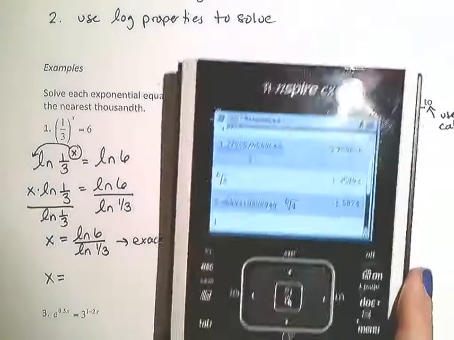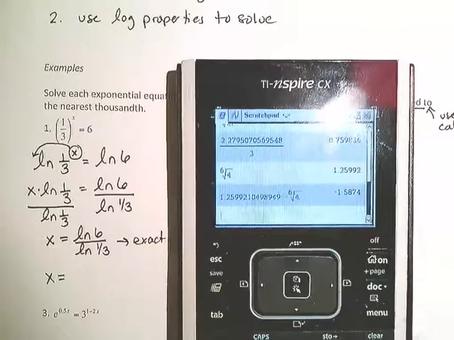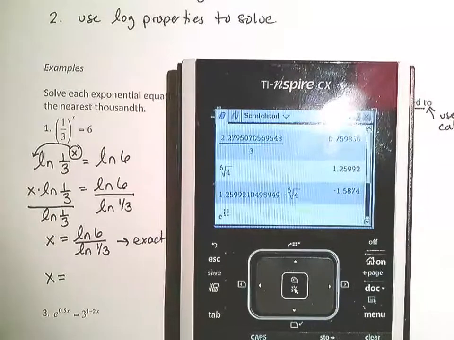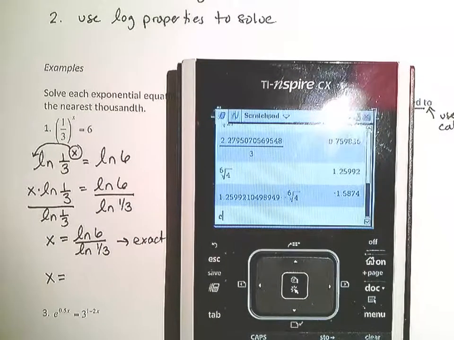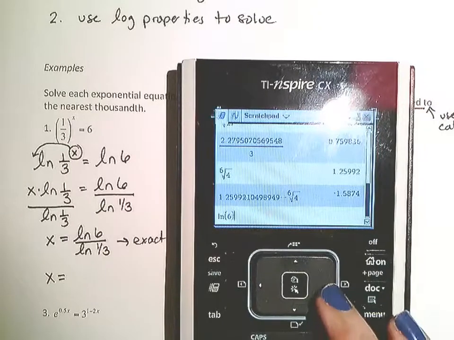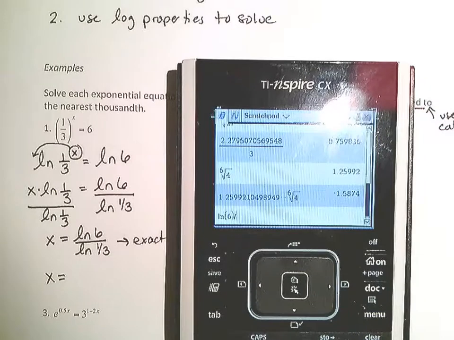All right, so ignore what's on top. So all I'm going to do is plug in ln of 6 divided by ln of 1/3.